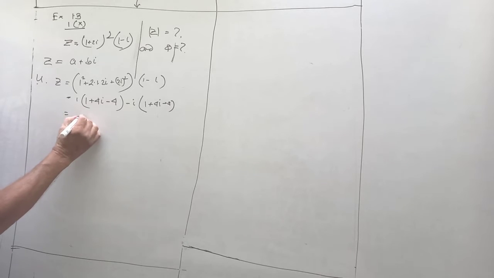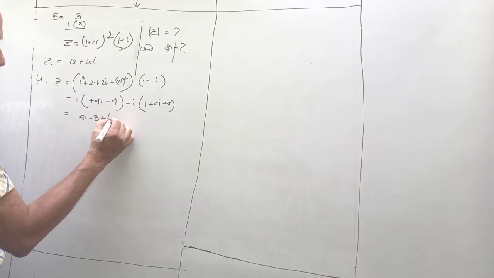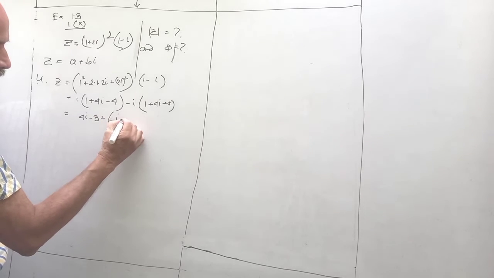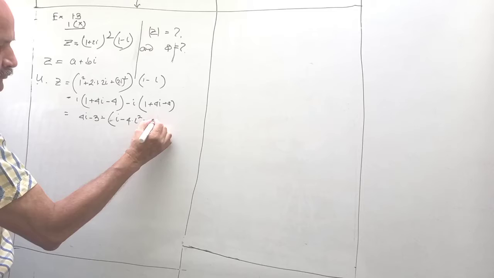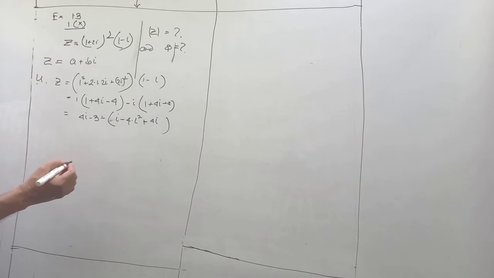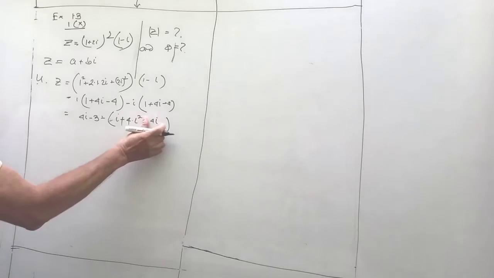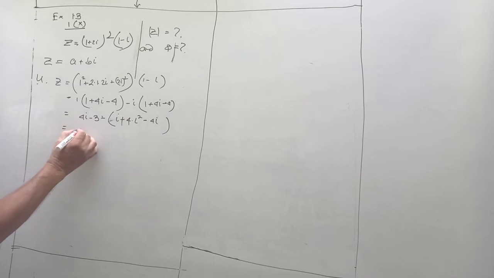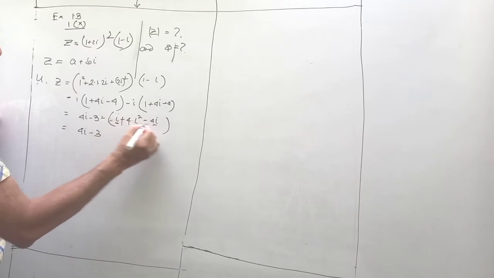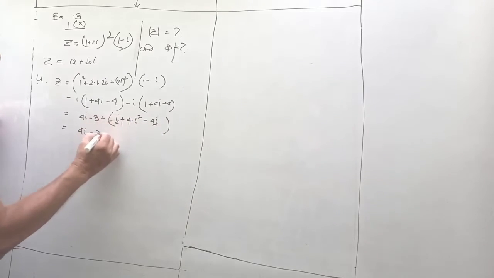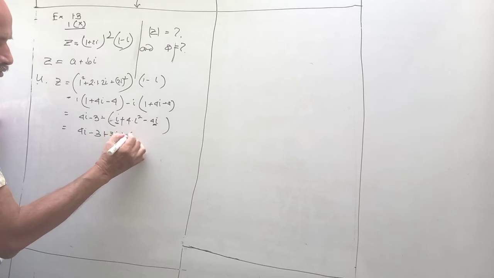That means (4i − 3)(1 − i) = 4i − 3 − 4i² + 3i. Since 4i² is −4, we get −3 + 4 + 4i + 3i.